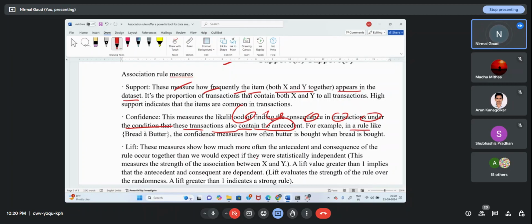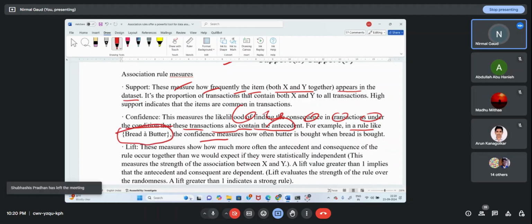That means it's a rule. You're talking about bread and butter. The confidence measures how often butter is bought when bread is bought. How confident are we that someone purchasing bread will purchase butter also? That is called confidence.